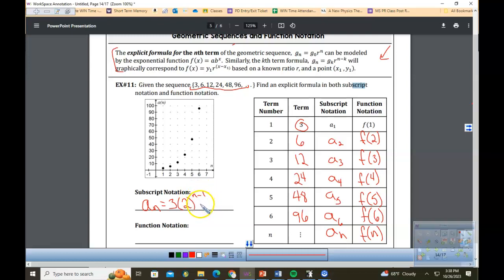Now for function notation, I'm going to do f of n equals, watch this guys, it's going to blow your mind, 3 times 2 to the n minus 1. They don't change. Who'da thunk it, y'all? Any questions on that? Let's keep going.